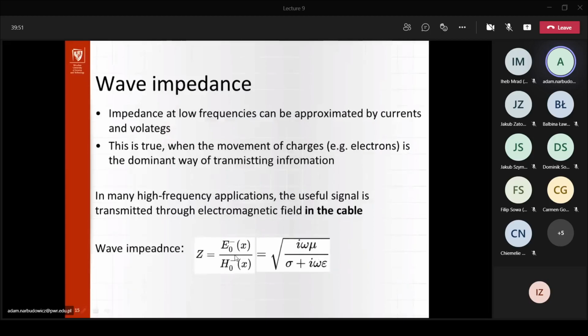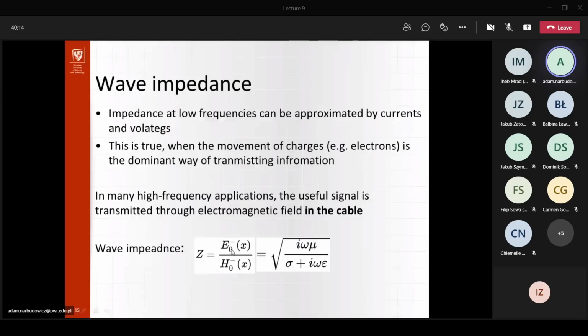But at this point, what I wanted to point out is that the case of currents and voltages would yield the impedance that you're very well familiar with, if we are concerning only the movement of charges.